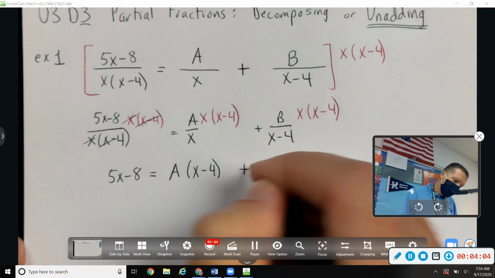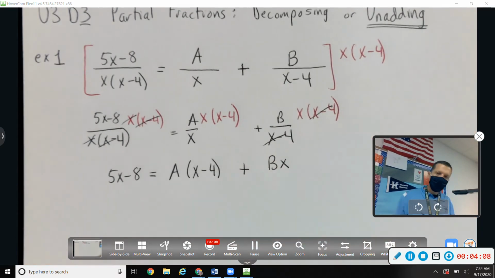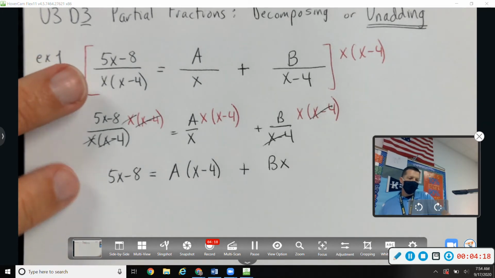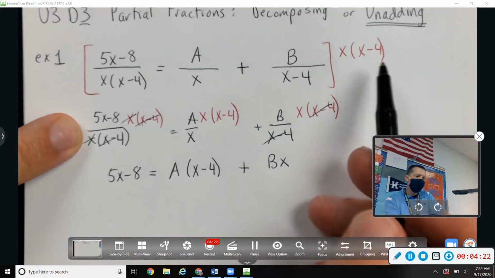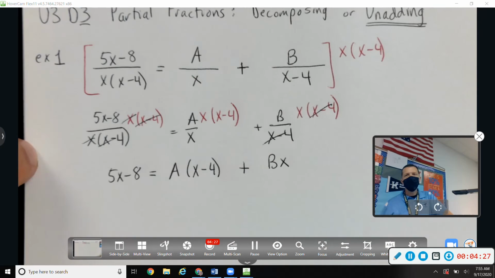And on the B term, the x minus 4's cancel, and that leaves us with B times x. Again, once you've worked a couple of these, it'll be relatively easy for you to go from step 1 to step 3 without showing that step, because you can just see everything cancels: the x cancels, then the x minus 4 cancels.